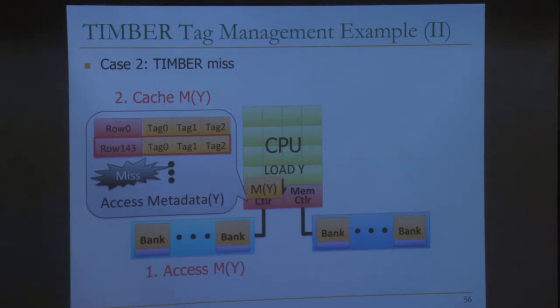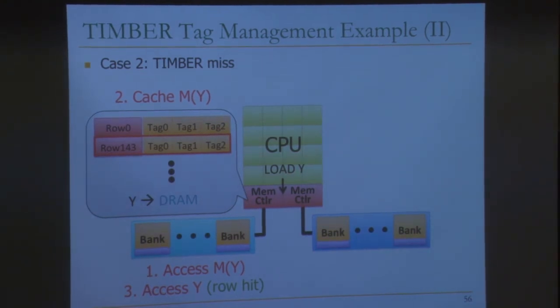We update everything: the tag, and the data, which is the metadata for that row. Now that we have the metadata, we can check: is this data actually located in DRAM, or in non-volatile memory? If at this point it's located in DRAM, cool. We already brought the row into the row buffer when we accessed its metadata, so we get a row buffer hit. We can bring the data back and service the request.